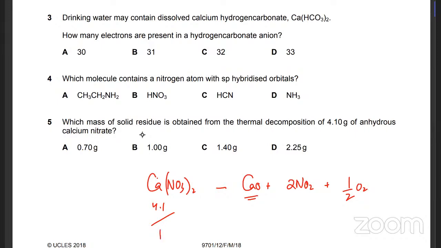This is going to be 164.1. Find the moles of calcium nitrate. 0.025. So we're getting 0.025 moles. And the moles of calcium oxide would be exactly 0.025.